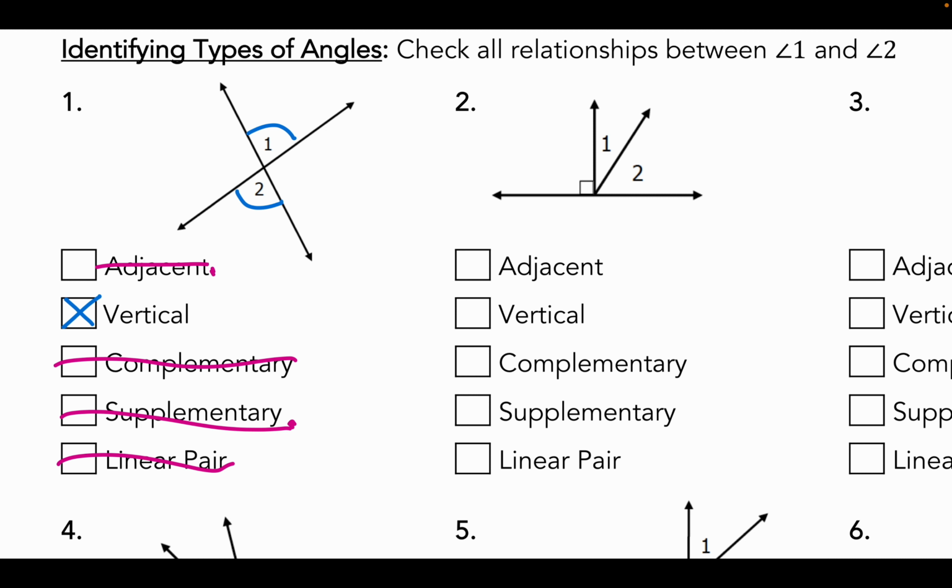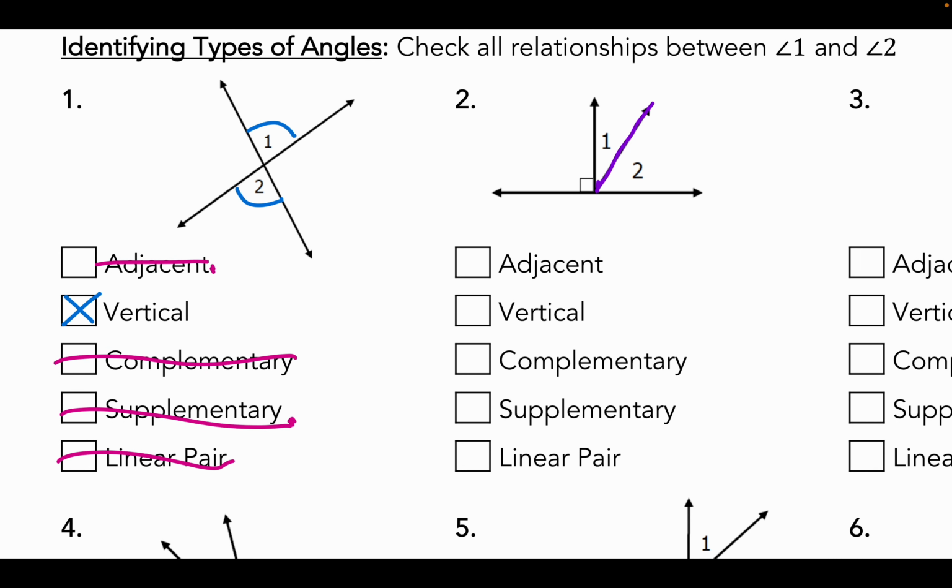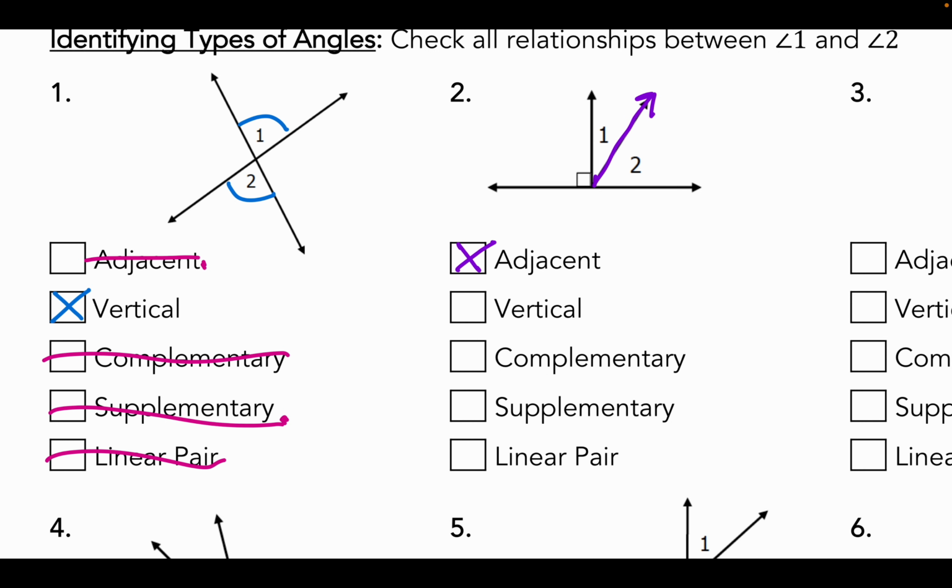Okay, number 2. So in number 2, we have this common side between the two angles. So we know they are adjacent, and because they are adjacent, we know they are not vertical. Complementary. Well, we have this little box right here. That means this side is 90 degrees.